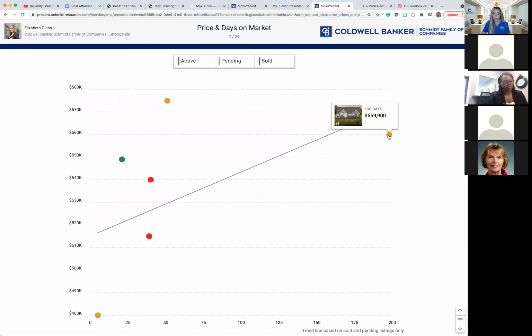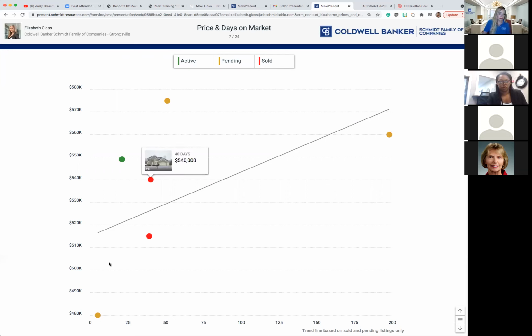So if this guy here has been on the market for this many, 198 days, you probably want to go ahead, even though it looks like it's pending right now. Let's look at what the existing price was in the beginning. How much did they have to reduce it? What does that story tell us about that property compared to ours? If we've got a sold right here, which is much better, that was sold in 40 days.